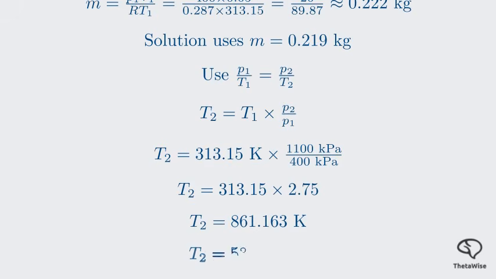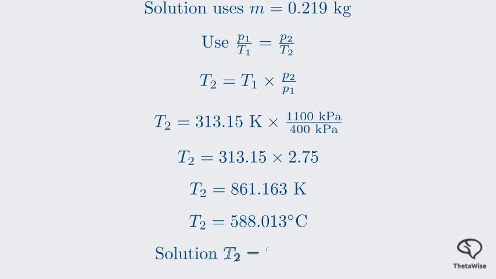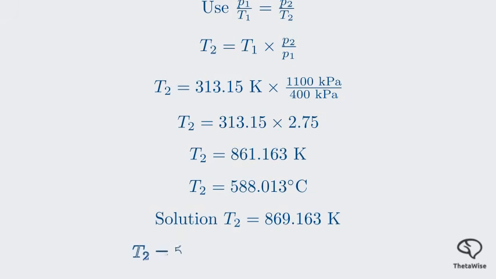This gives a final temperature of 861.163 Kelvin. Converting back to Celsius by subtracting 273.15, we get 588.0 degrees Celsius. The textbook solution rounds the Kelvin temperature slightly differently, resulting in 585.013 degrees Celsius. Both answers are correct within the precision of the calculations.